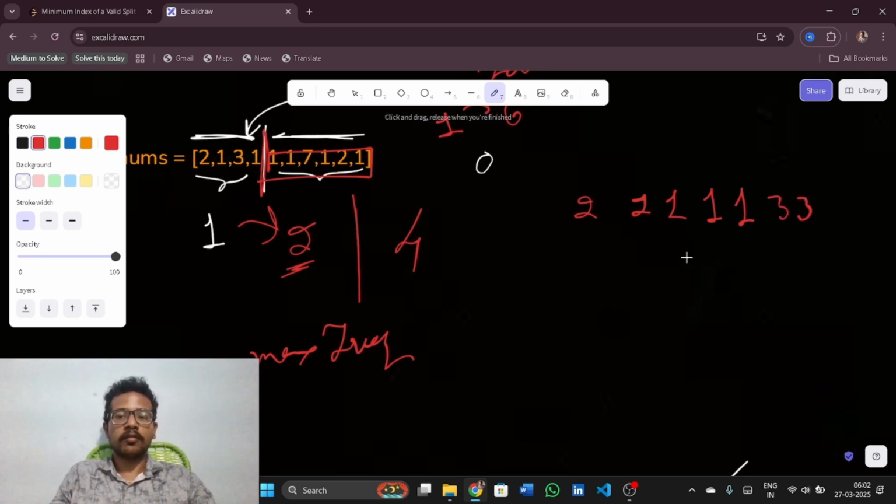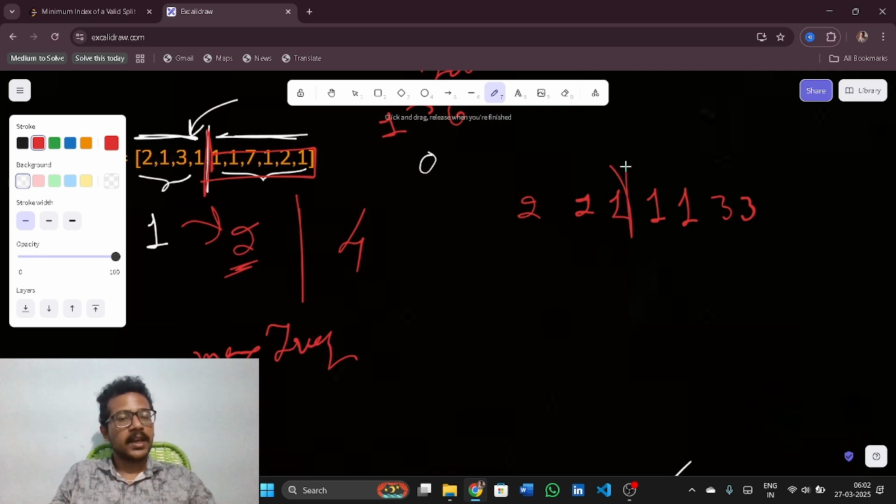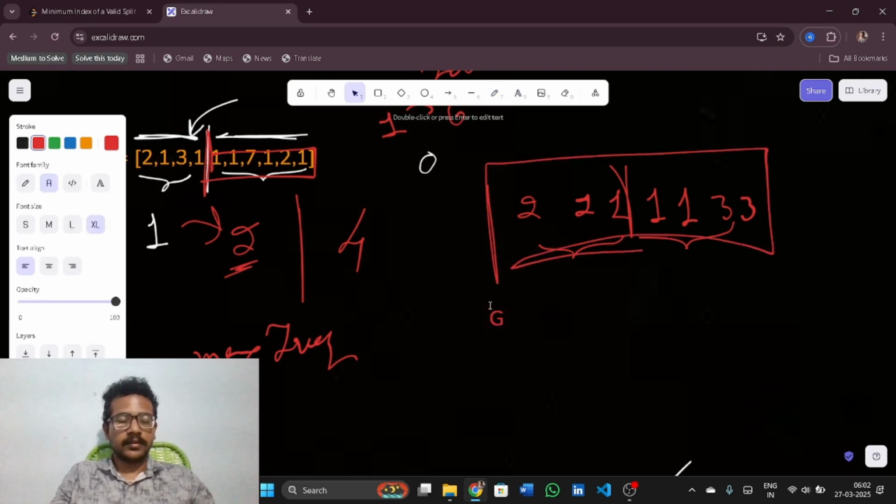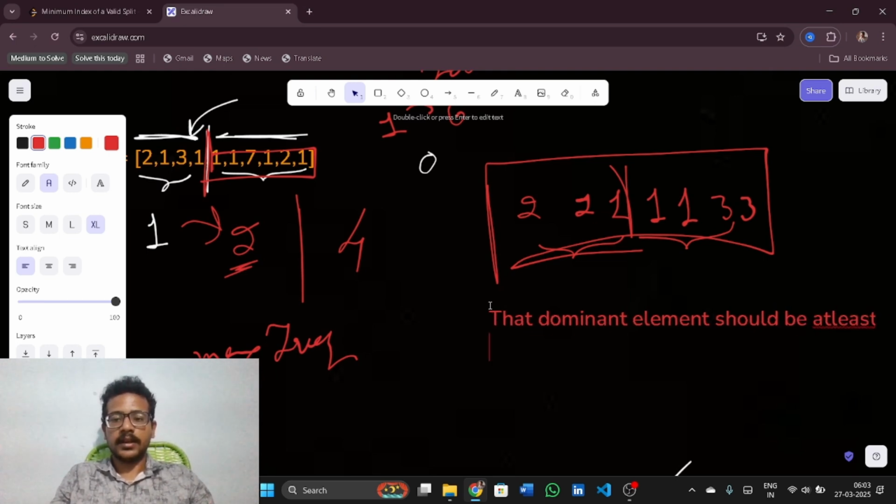To get two subarrays, left and right, where the element is more than half the size in both, that dominant element should be at least dominant in the whole array.